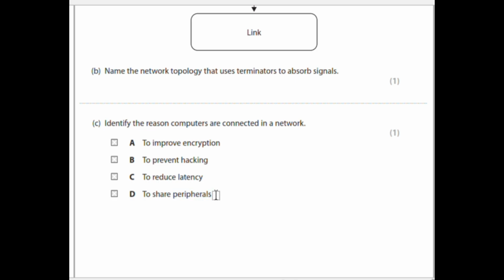Okay, this question is a little tricky, it confuses a bit, but the correct answer is option D, to share peripherals. Peripherals are just devices that you can share over a network. For example, the printer.